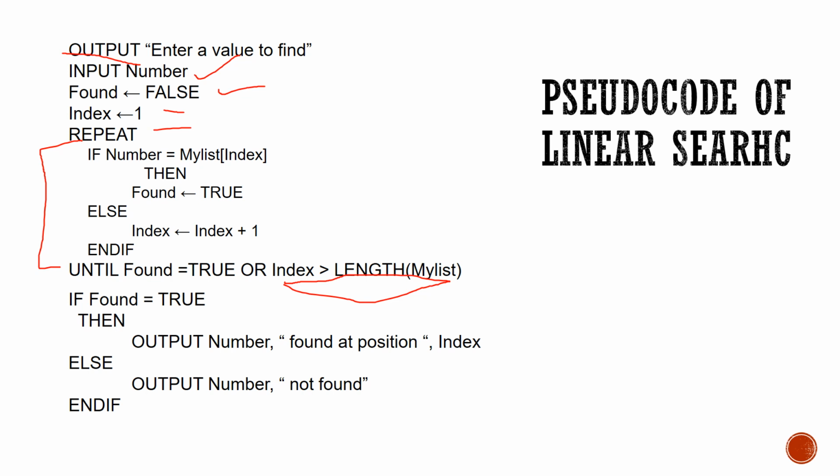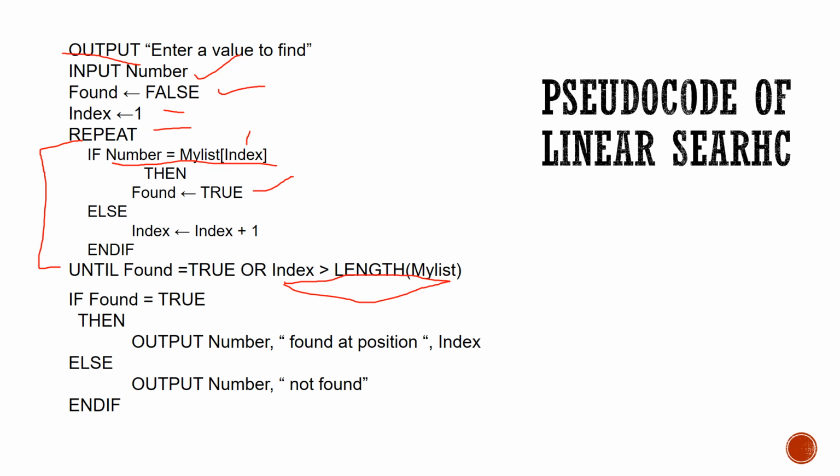If number equals my list at index 1, which is actually 1, not 0, because we are starting with 1, then I will set found equals true, else index equals index plus 1, otherwise it moves to the next index.